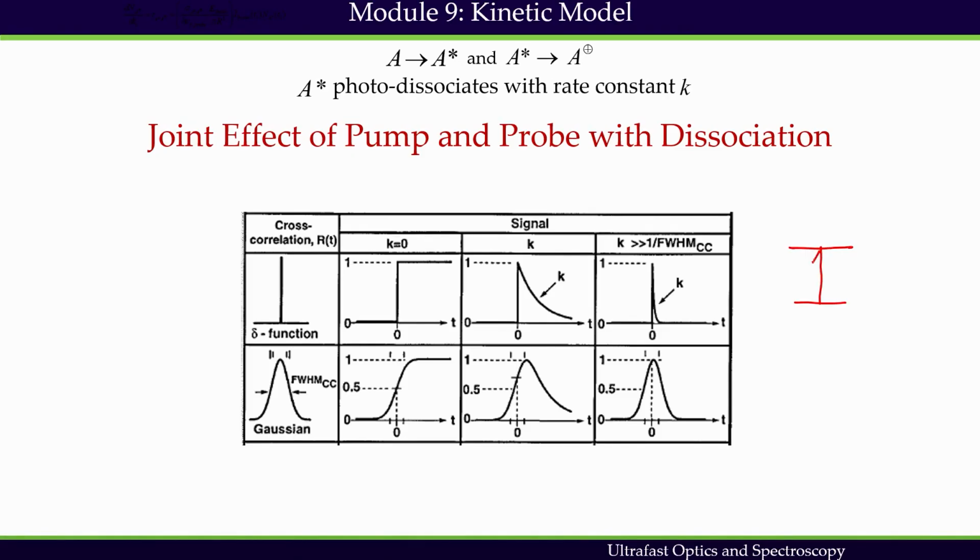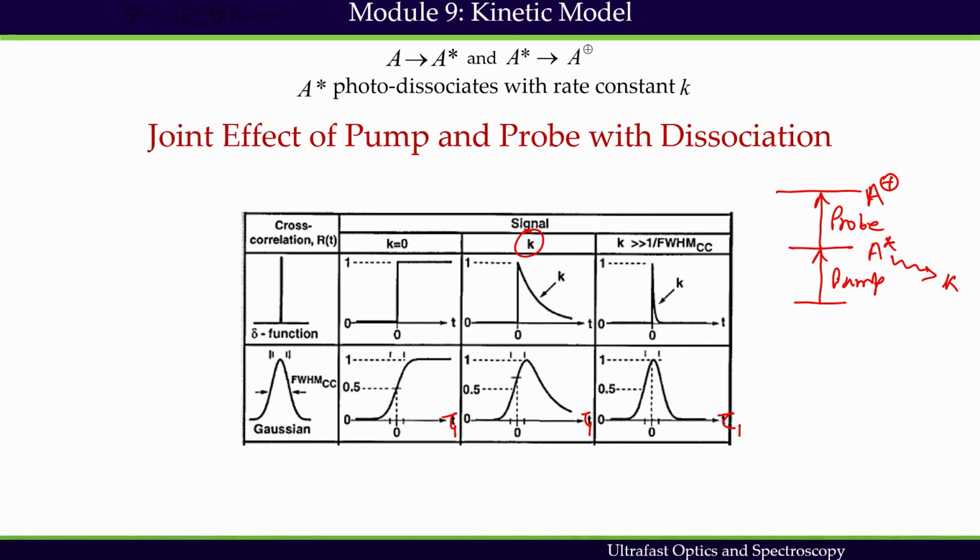I have pump, I have probe, which is creating positive ion, pump is creating the excited state, and this excited state is decaying to a photoproduct with a rate constant k. So I have a rate constant. In that case, this is going to be tau 1, this is tau 1, this is also tau 1. It is a joint action of pump and probe.